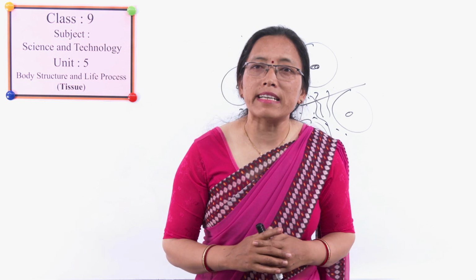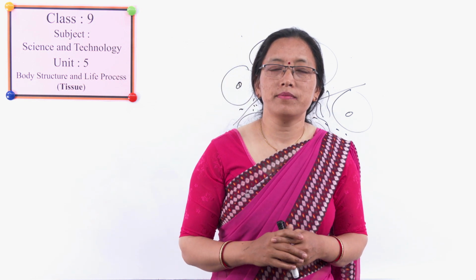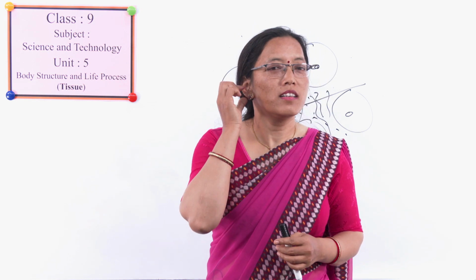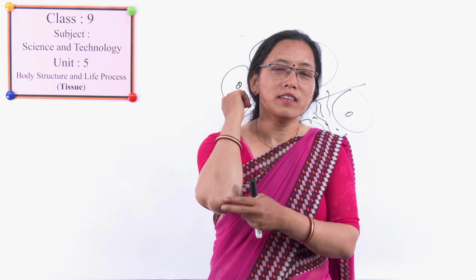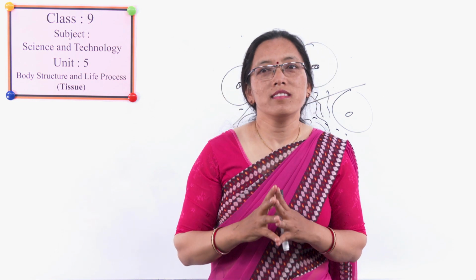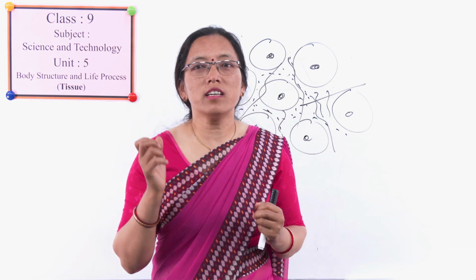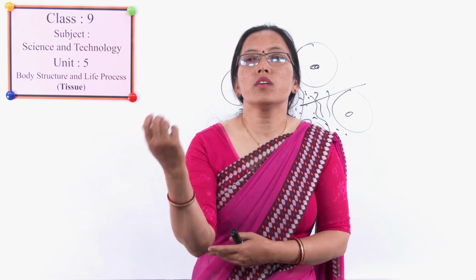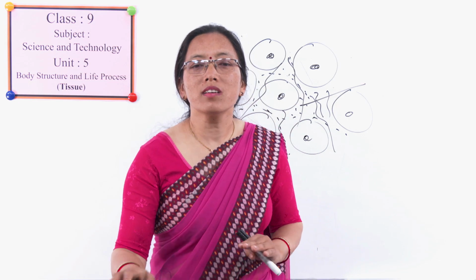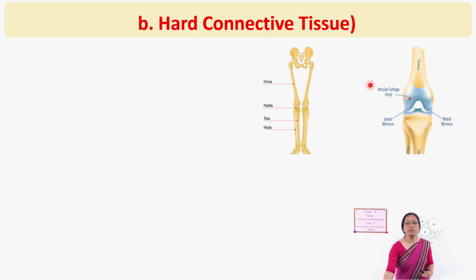What do you mean by cartilage? Where is it present? Yes, in the nose, ear, and also between the bones or at the end of the bones. And bones are present all over the body.